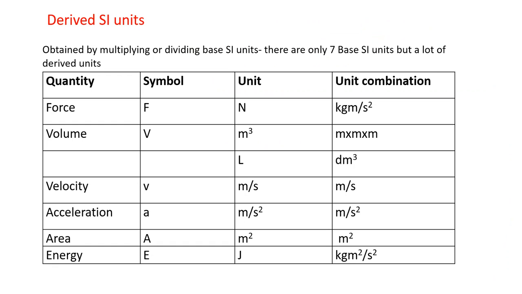Then we have derived SI units. These units are obtained by multiplying or dividing base SI units. As a reminder, we know that we have only 7 base SI units, but we have a lot of derived units.